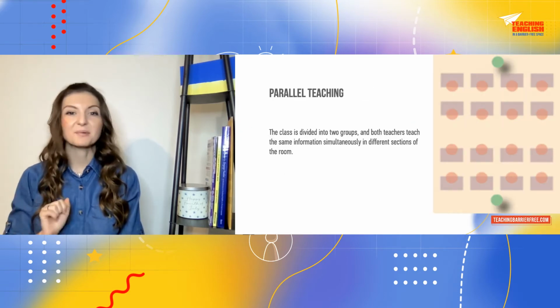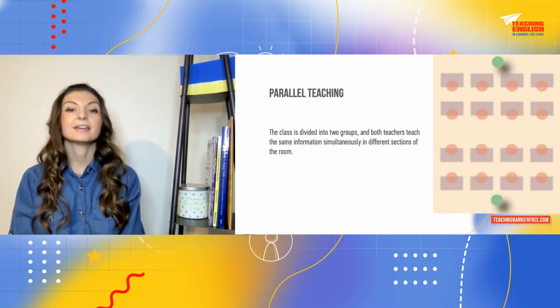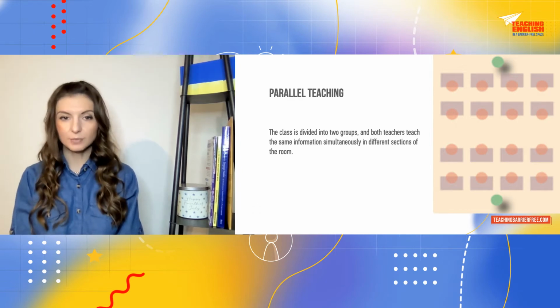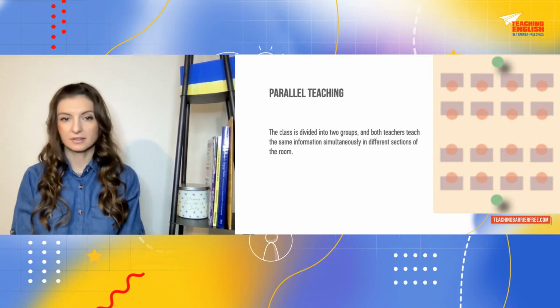Number 2, parallel teaching. In parallel teaching, the team splits the class into 2 groups, and each teacher teaches the same information at the same time. Parallel teaching works well to differentiate instruction. If you forgot what it is, please refer to Module 1, Part 1. Students can benefit from learning different material in a smaller group.